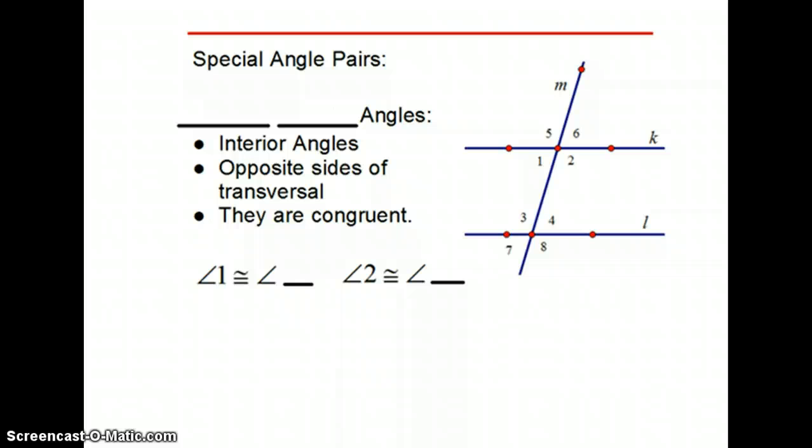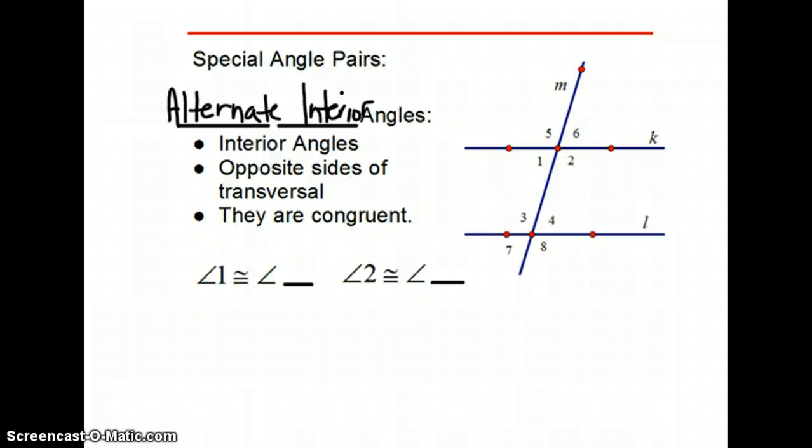The next angle pair relationship that we're going to look at is alternate interior angles. Alternate means they're on alternating sides of the transversal. They're going to be on different sides, and they're going to be on the interior of the parallel lines.